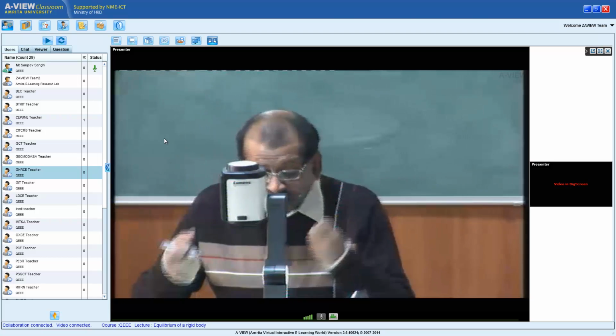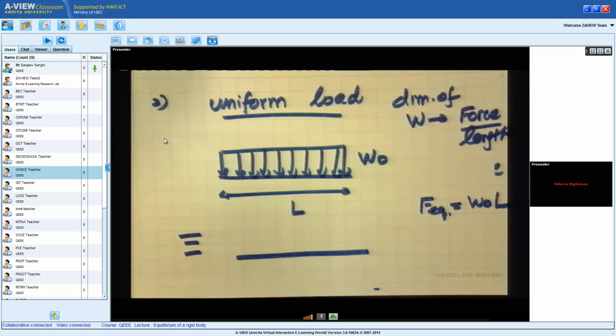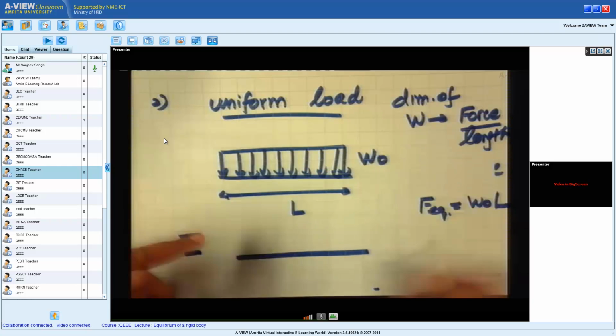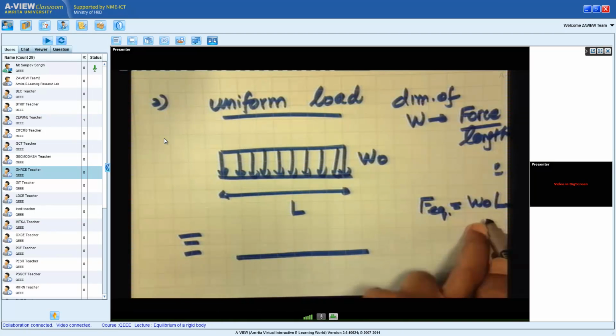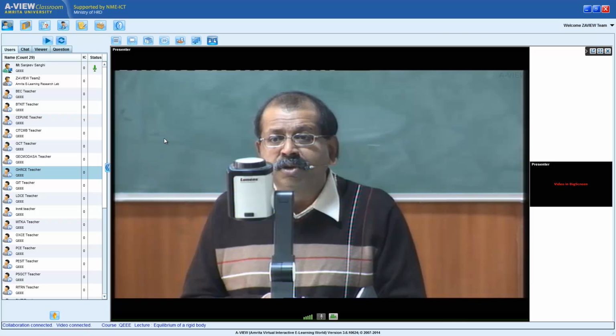Whatever the shape of W, its units are always force per unit length. So if it is newtons per meter, the equivalent force is W0L. You will see the units come out to be consistent, they would be newtons. Now we have equivalent force equal to W0L.